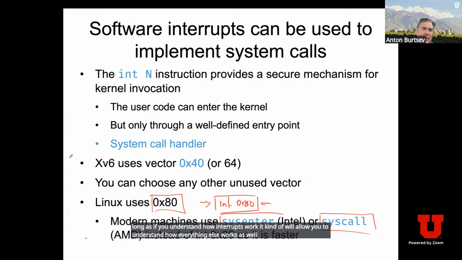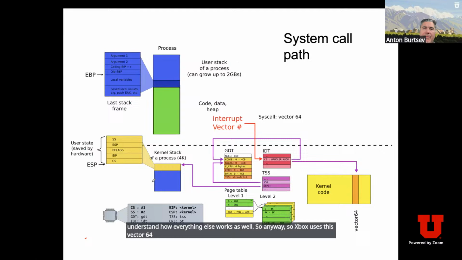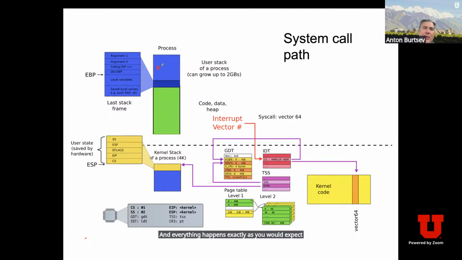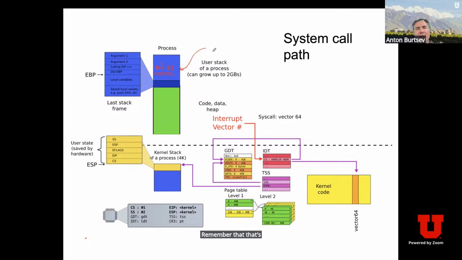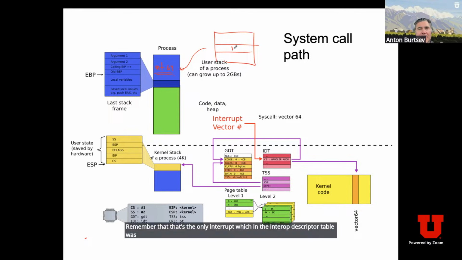So anyway, x86 uses this vector 64 for entering the kernel from user level. And everything happens exactly as you would expect. So user level invokes int 64. Remember that that's the only interrupt which in the interrupt descriptor table was configured with the DPL field equal to 3, which means if you do something like int 65, because that entry will contain 0 here, this is not allowed.